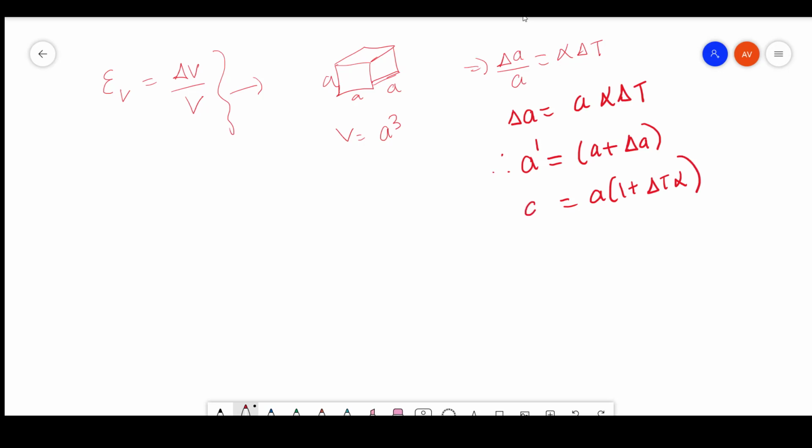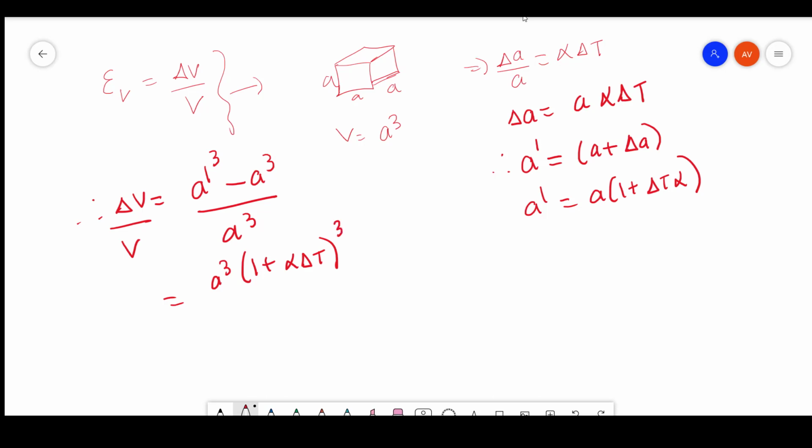So now your change in volume is A dash cubed minus A cubed, divided by the initial volume, A cubed. So what you are going to get is A cubed into (1 plus alpha delta T) whole cubed, minus A cubed, by A cubed. If you solve it further, you're going to get (1 plus alpha delta T) whole cubed minus 1.